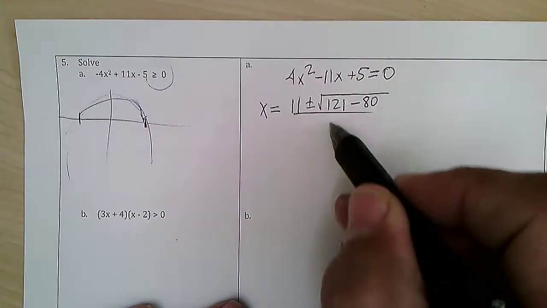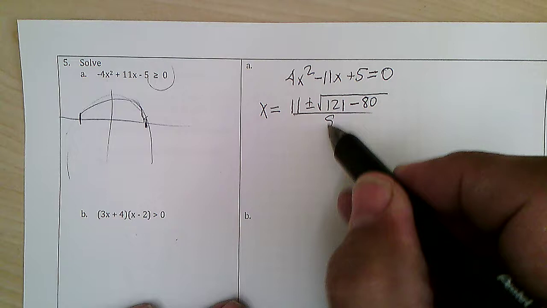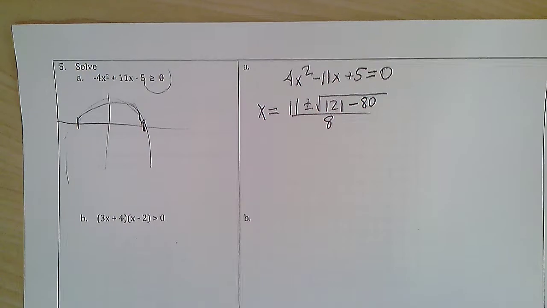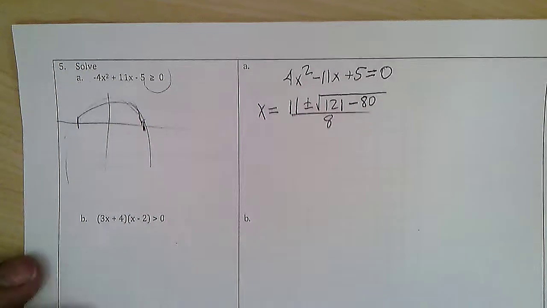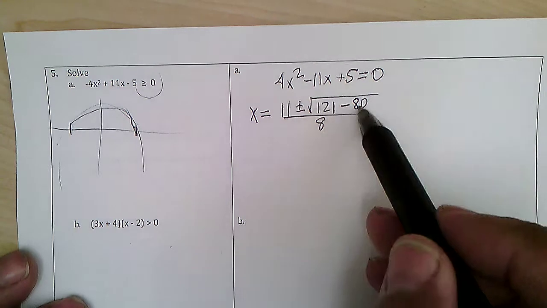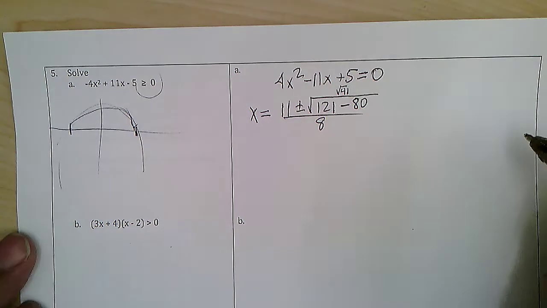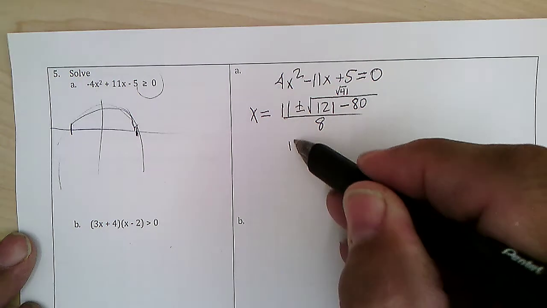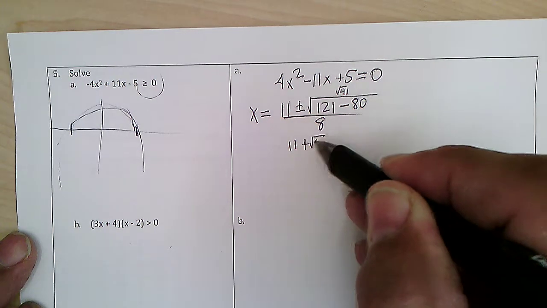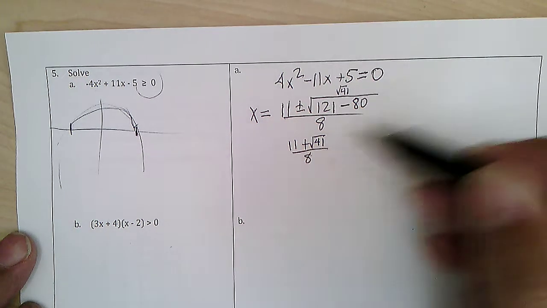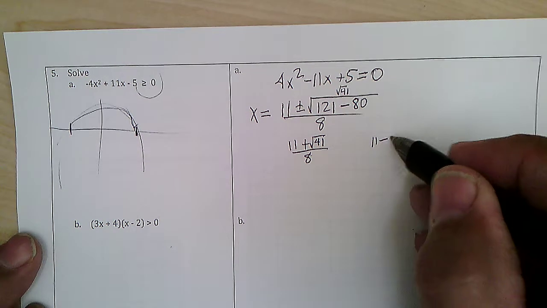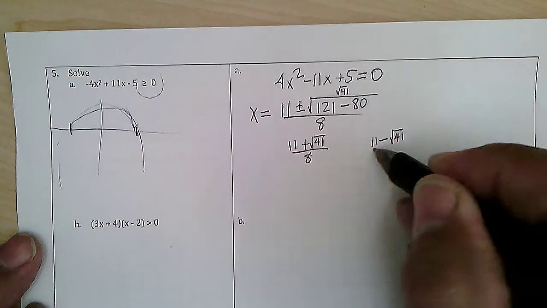All over 2 times 4 is 8. So this is the square root of 41. That would be the exact answer. So we got 11 plus the square root of 41 over 8, and 11 minus the square root of 41 over 8.